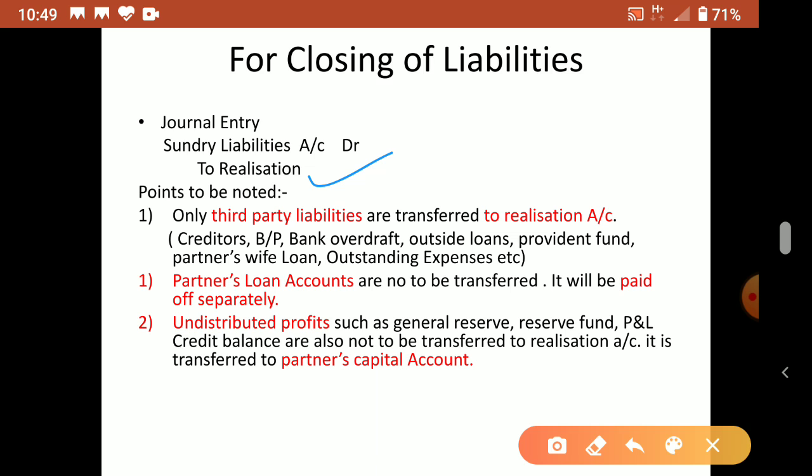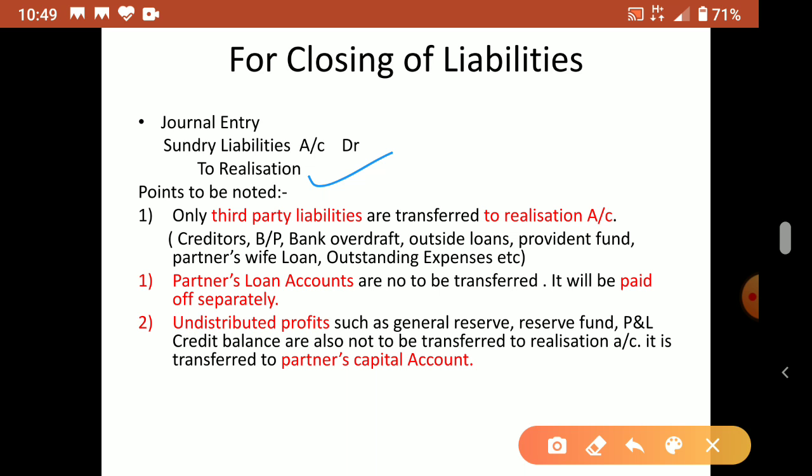Okay, we will not transfer it to realization or capital account. We never transfer in these two accounts. Partner's loan account we have to prepare separately, but partner's wife's loan, partner's wife is an outsider for the business, so that we have to transfer here. Usually this partner's wife will be there in your question.